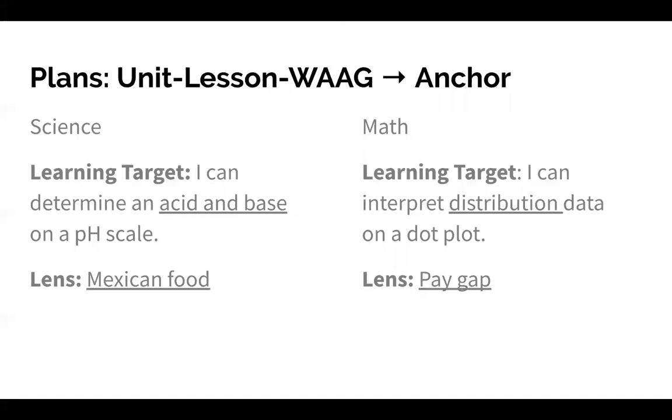So maybe Mexican food could be, so to speak, on the table, pardon the pun, to look at acids and bases from a scientific point of view. In math, they are interpreting distribution data on a dot plot. So looking at pay gaps among genders and people from different backgrounds could be looked at.